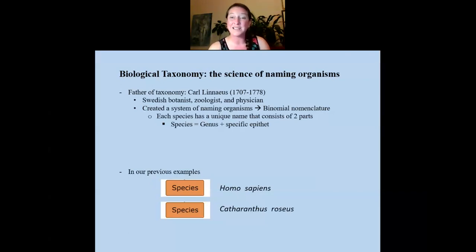So in the case of humans and the plant species we just looked at, the genus is the first part: Homo in terms of humans, and Catharanthus for the plant that we saw that treats cancer. And the second part of the binomial nomenclature is that second word. So Homo sapiens, two parts.